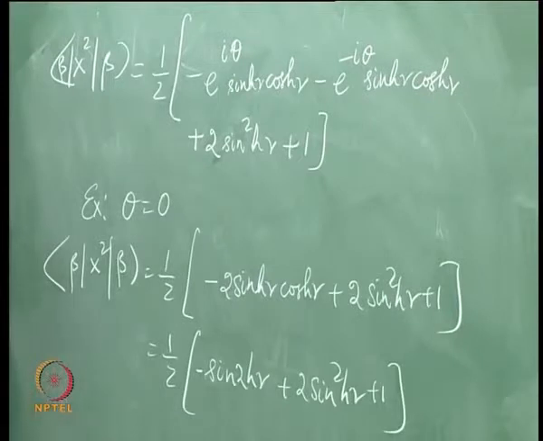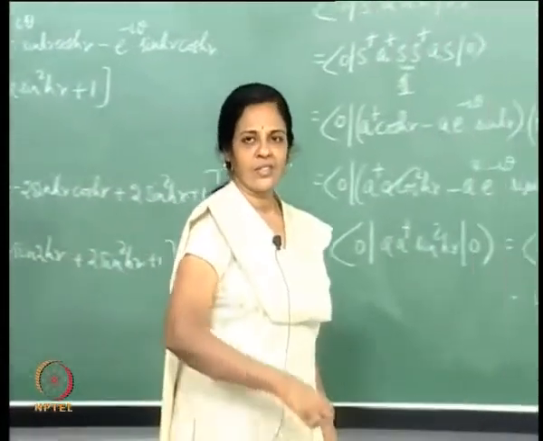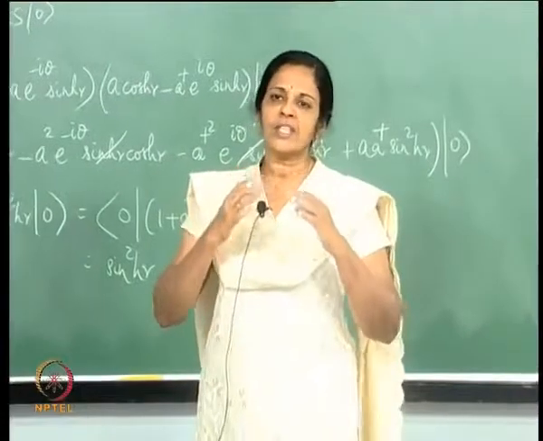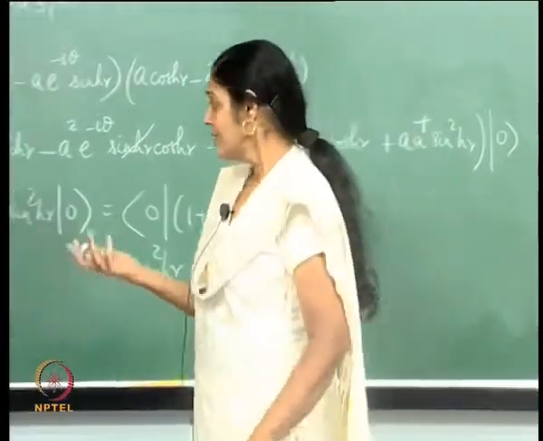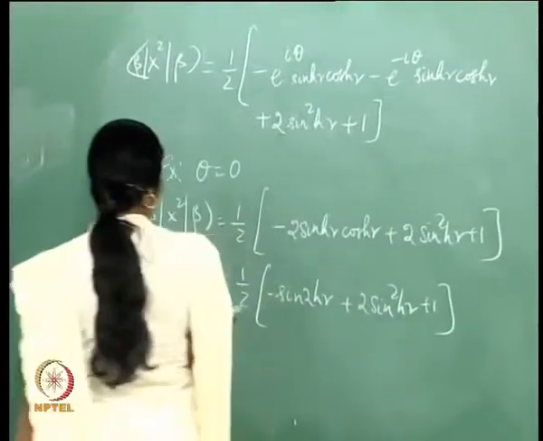This object is always less than half. ⟨β|x²|β⟩ is always less than half for r greater than 0. r has to be greater than 0 because you will recall that β is r e^(iθ), and for all values of r this object is less than half.